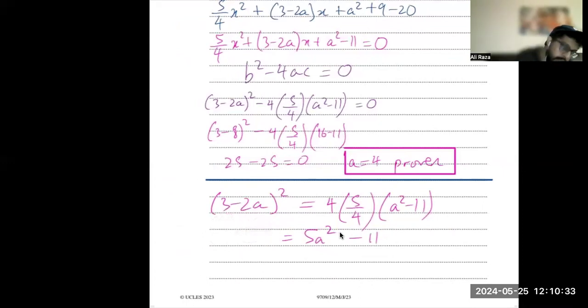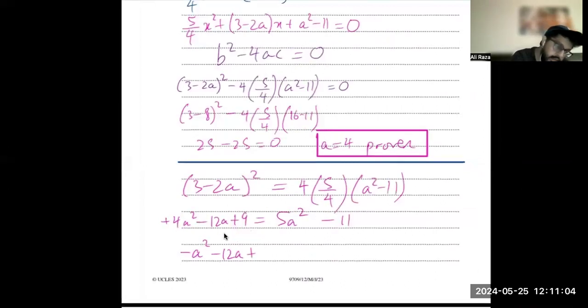Let's expand this bracket as well, so we get minus 4 plus 4a squared minus 12a plus 9. Bringing all the terms together, I get minus a squared minus 12a plus, should have been minus 55.